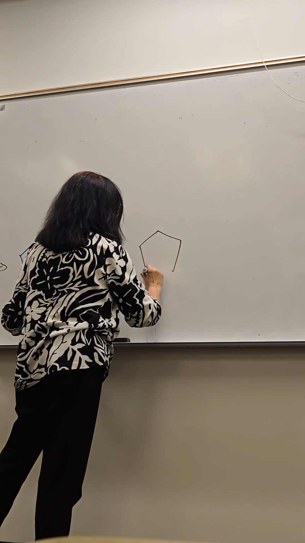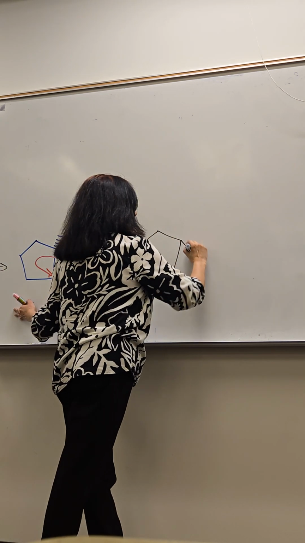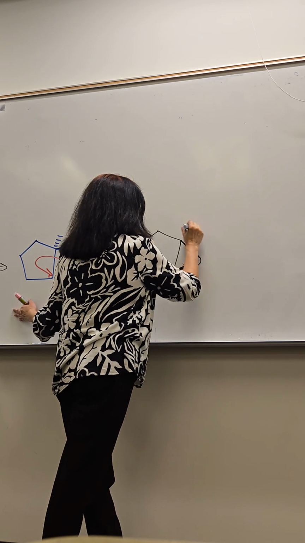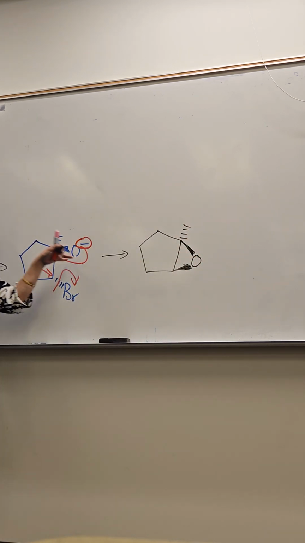What does it make? An epoxide. In this example, the epoxide will be on a wedge because it came from the top side as it pushes out the leaving group. That's one of the ways epoxides are made: first make a halohydrin and then deprotonate the alcohol, which then makes the epoxide.